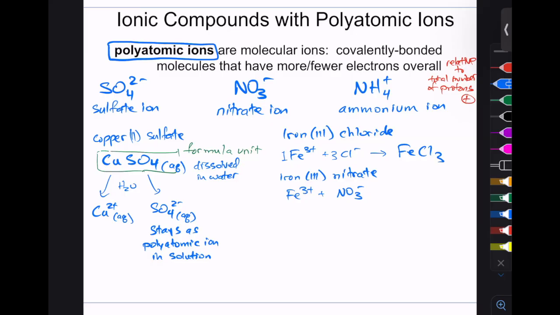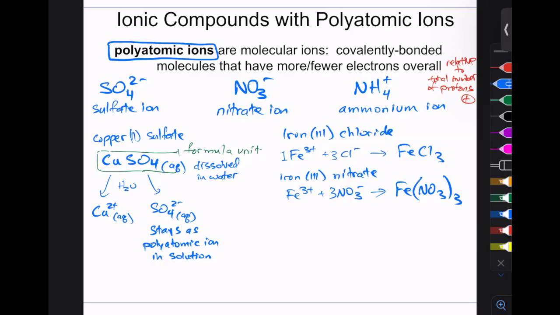We need 3. It's the same thing. But now when we describe the formula unit, we need to be a little careful here because it's iron and then we have 3 nitrates. So the way we show that is we put parentheses around the anion and we say subscript 3 because there are 3 nitrate polyatomic ions for every 1 iron 3 plus cation.